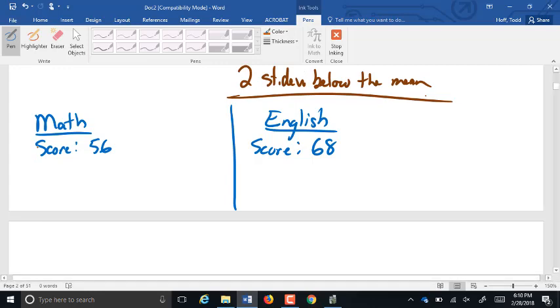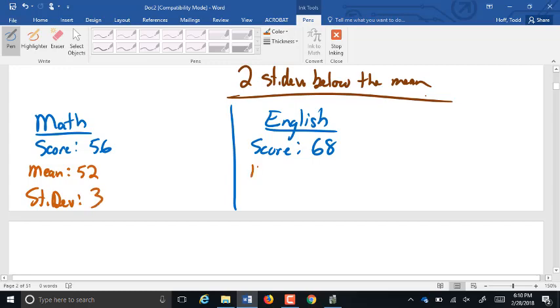So let's say that for the math test, we have a mean of 52 and a standard deviation of 3.